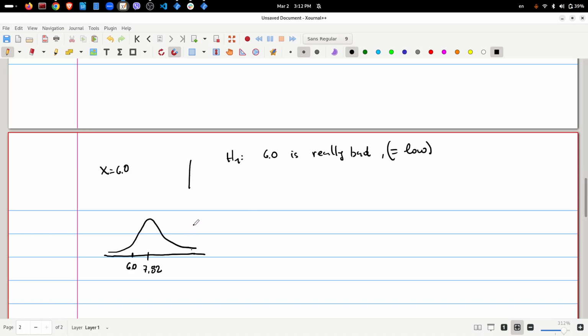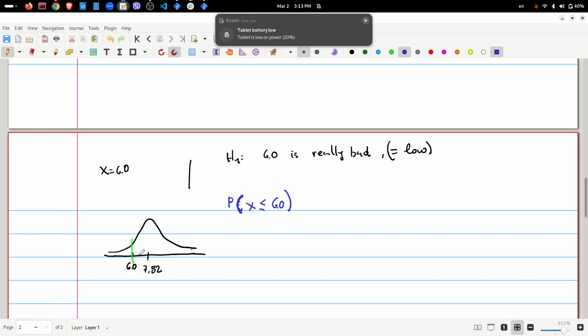Okay, according to what I said previously, what I will calculate now is the probability to observe an X here which is smaller or equal than 6. Why? Because the initial claim was that this 6 is really small, really a low value. So I would like to know what is the probability to observe such an X or even lower.